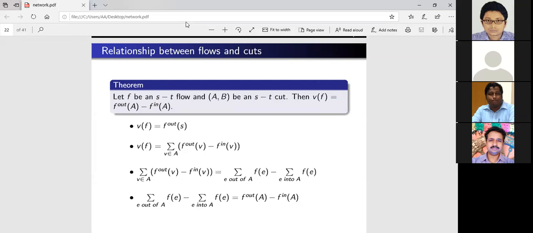Shamanto asks that between A to B and B to A, which will be the greater value? I think she was talking about the cut set.